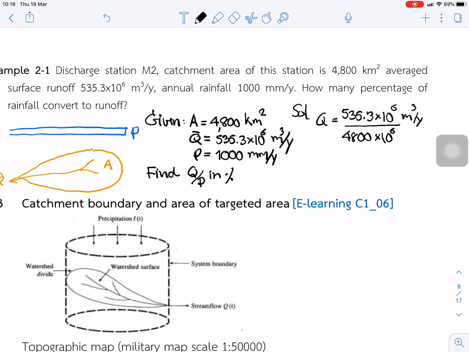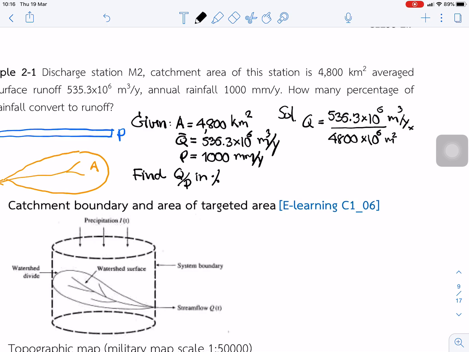Convert 4,800 square kilometers to square meters, and multiply by the volume so that the meters cancel. So we get meters, and we convert to millimeters by multiplying by 1,000. We get about 111.5 millimeters. So we can compare to P with the same unit.